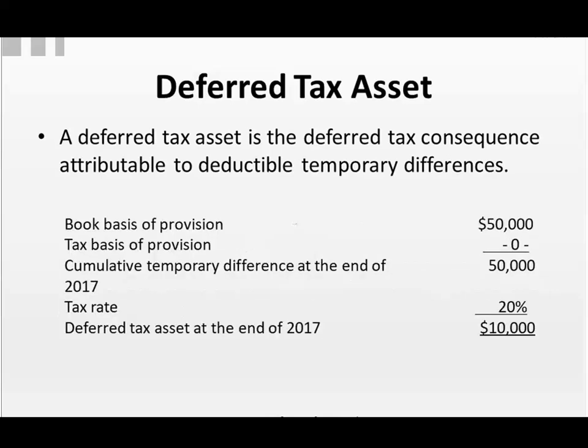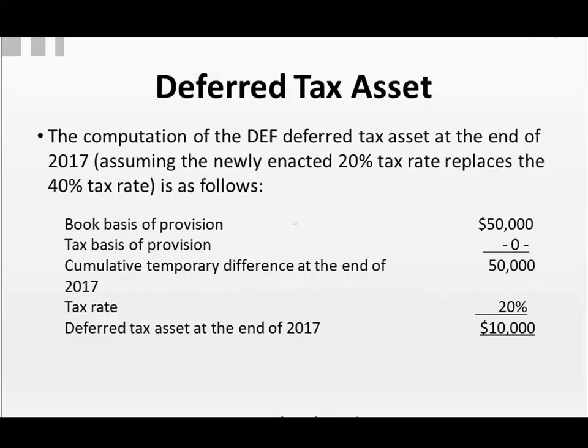Hope you're getting the picture here. Okay? So the computation of the deferred tax asset at the end of 17, assuming that new rate of 20% replaced the 40%, would be the $50,000, and we had nothing in the beginning of the period, times 20%, or $10,000.